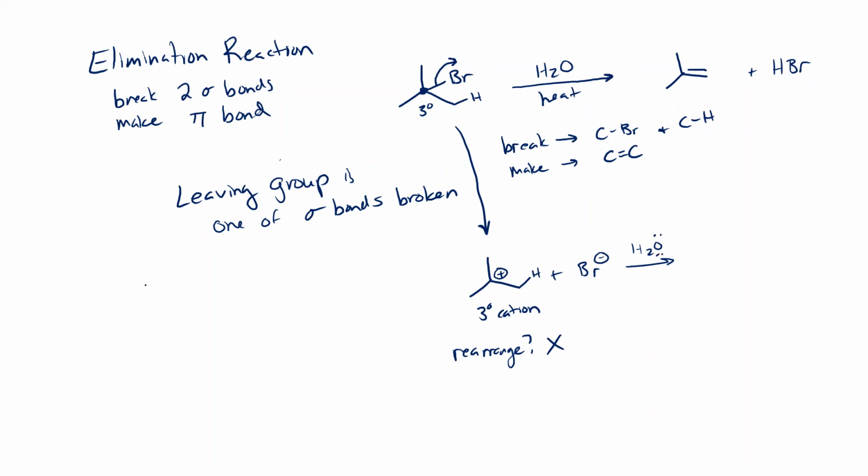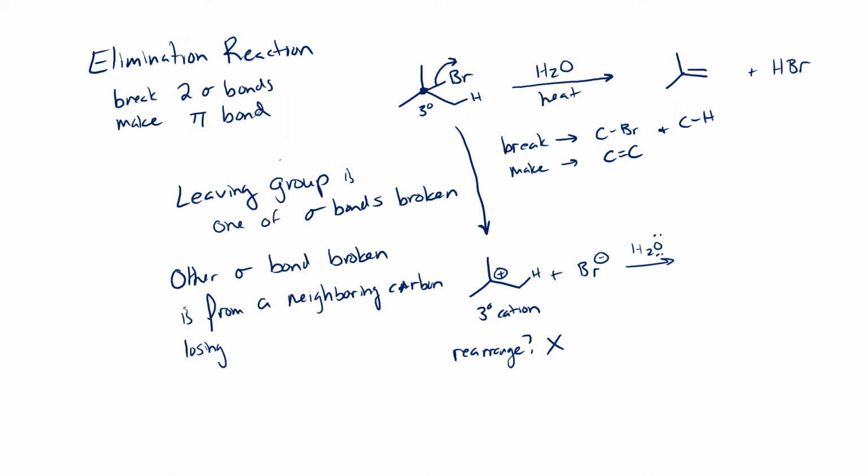So the leaving group is one of the sigma bonds broken. The other sigma bond broken is from a neighboring carbon losing a hydrogen. And this is just a Bronsted-Lowry acid-base reaction. So we have our acid: our tertiary cation is going to be our acid.